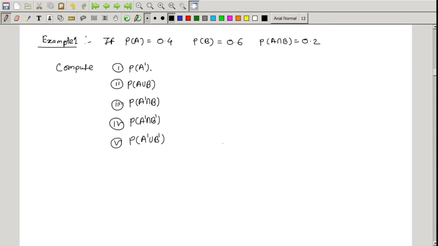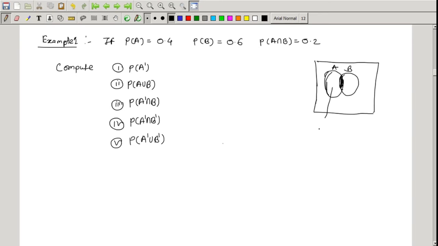So when A is given and B is given, we know by Venn diagram, this is my A and this is my B. So here this part is the intersection part, correct?